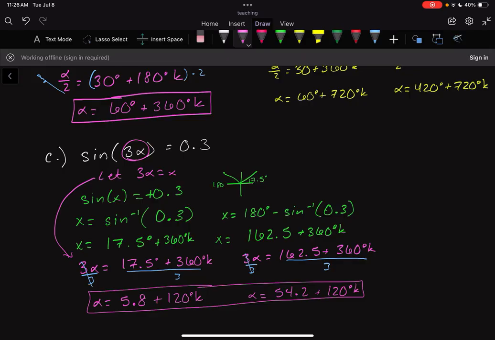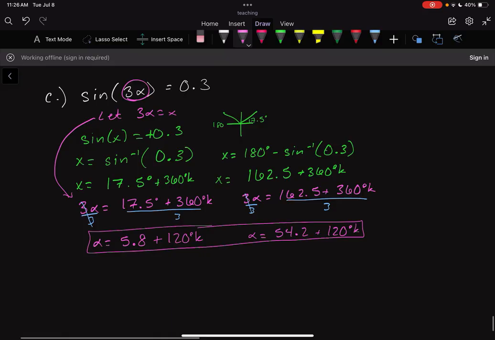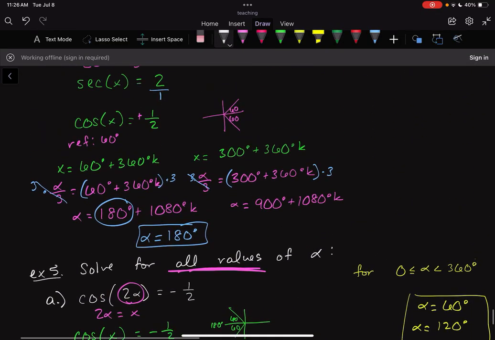And there's one more type of problem I want to show you in this section. I do want to show you where sometimes using an identity could be helpful. So let's see, what example are we on? 6.